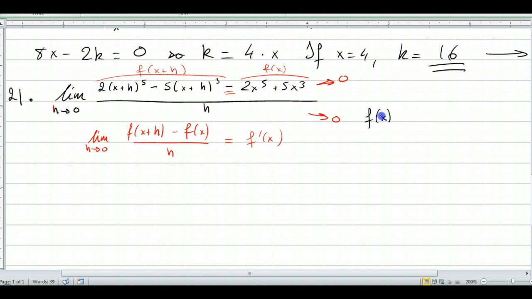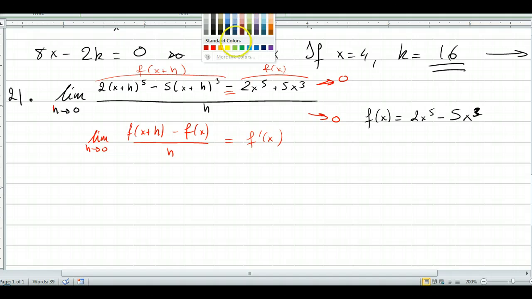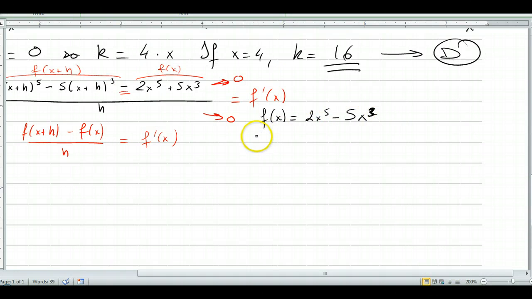If f of x is 2x^5 minus 5x cubed, then this ratio is f of x plus h minus f of x over h, right? And what is it equal to? Well, we know what it's equal to. It's equal to f prime of x, which means, what is f prime of x? F prime of x is 10x^4 minus 15x squared. 10x^4 minus 15x squared is D.